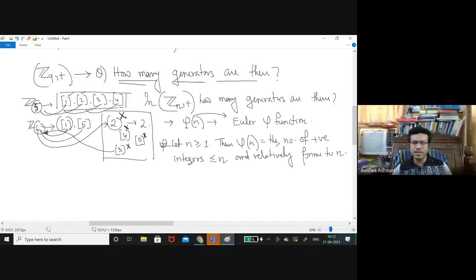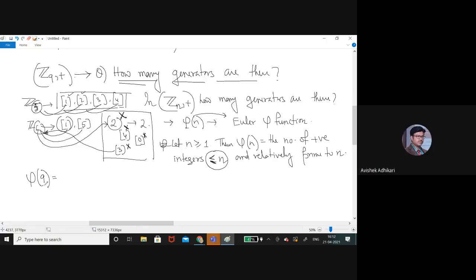So phi of n is the number of positive integers which are less than or equal to n. Mind that this is again very important. And relatively prime to n. So what is phi of 9? Phi of 9 means the number of integers which are less than or equal to 9 and relatively prime to 9.